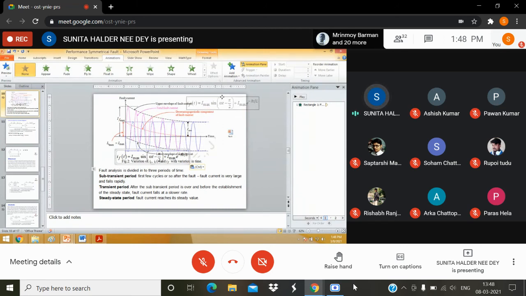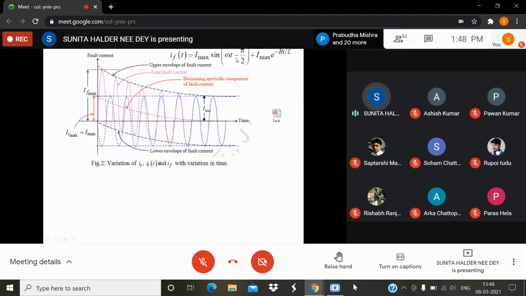Let me write down here, otherwise I cannot understand. So this expression we have got. So what is the steady state current? Initially at t equal to 0, it is negative. Now you just follow the dotted blue line. So it will be a negative peak, okay. It will be shifted to some extent to the left hand side.